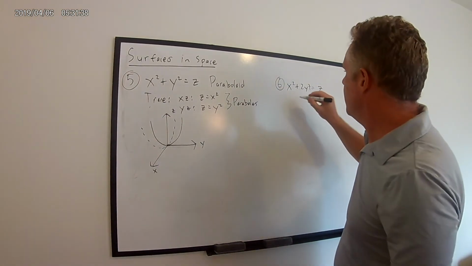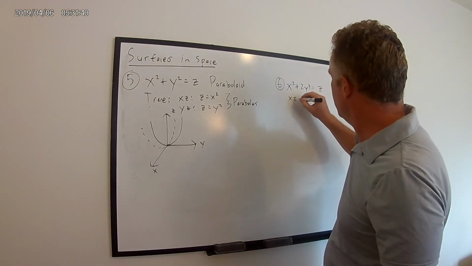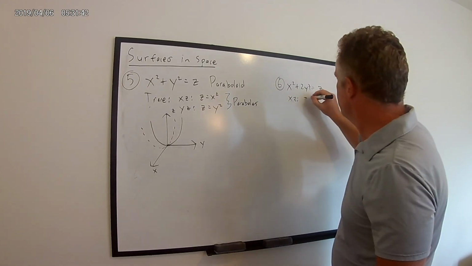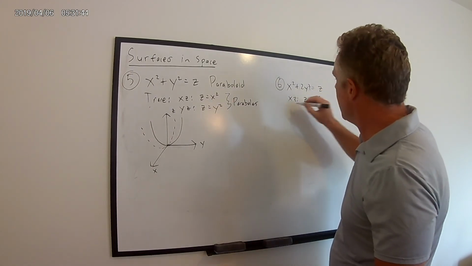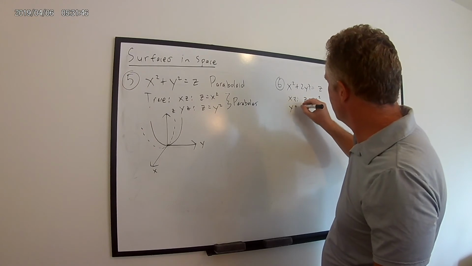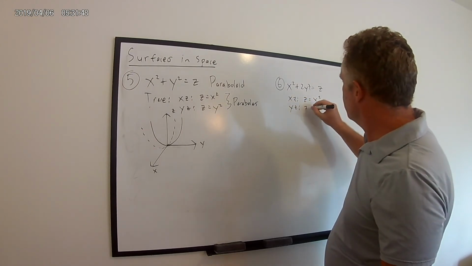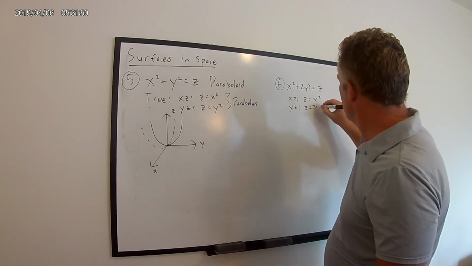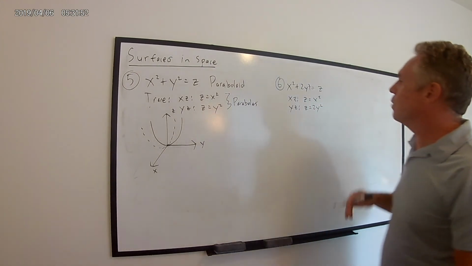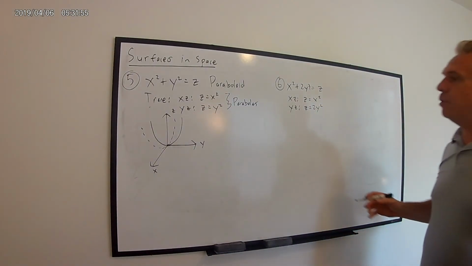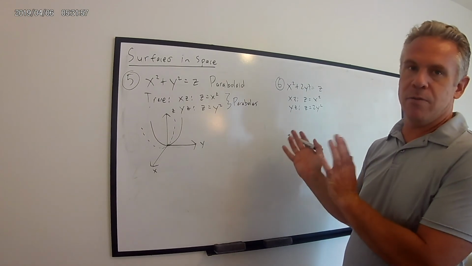So now if we do traces in the xz plane, we get z equals x squared, which we had before. If we do traces in the yz plane, we get z equals 2y squared. And so what we're getting are parabolas, but now the parabolas have different steepnesses.